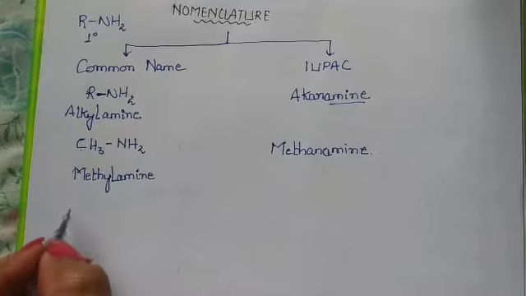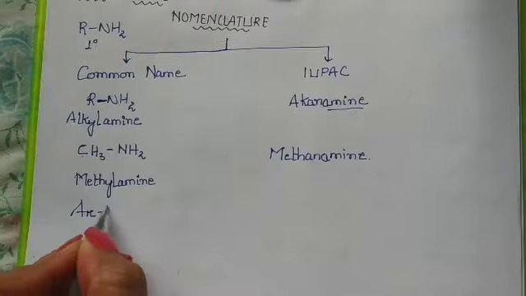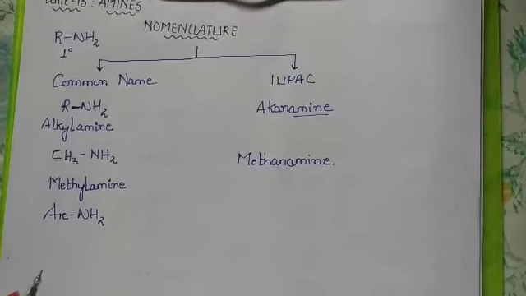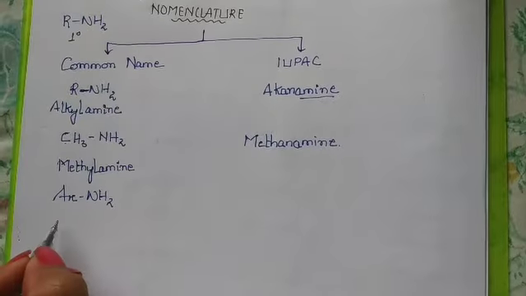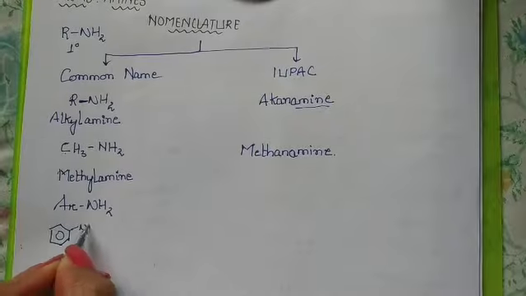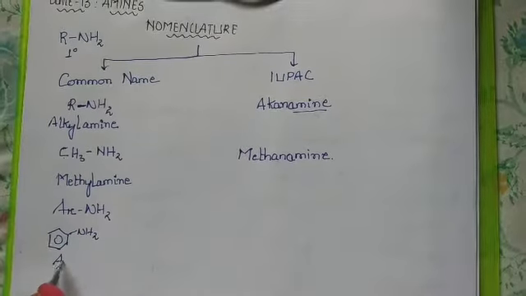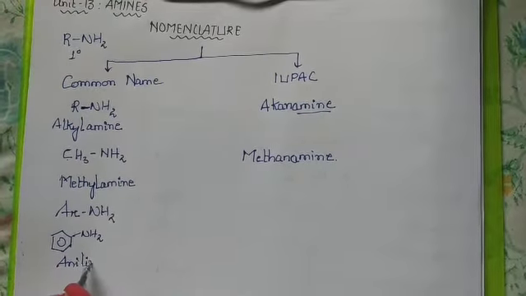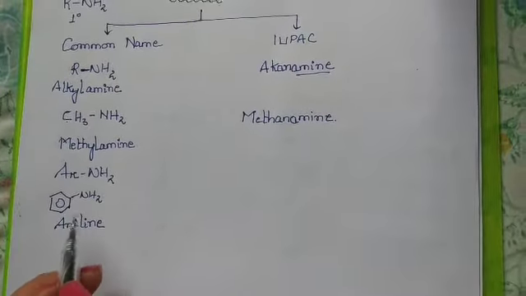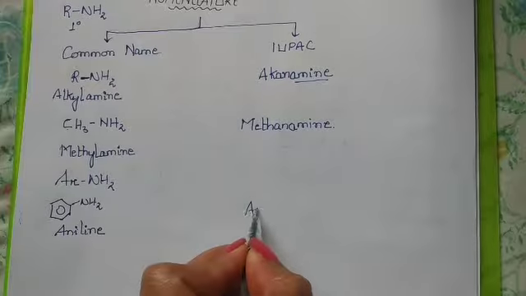Now, the same goes for aryl amine. This is commonly known as aryl amine. This is a benzene ring with NH2, then it is aniline. The common name for this compound is the same as its IUPAC name.